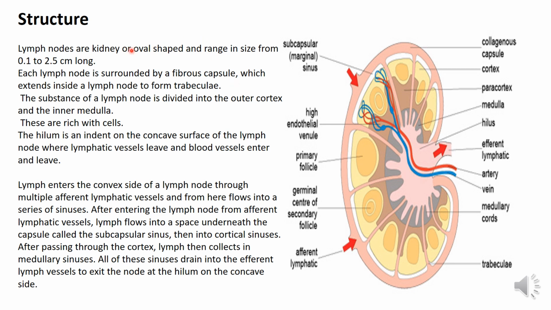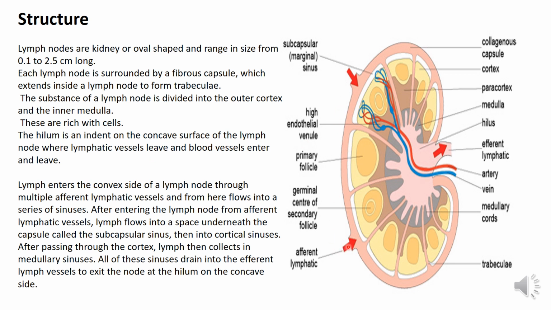The lymph node is kidney and oval shaped, size 0.1 centimeter to 2.5 centimeter. It has a fibrous capsule. The fibrous capsule extends into the lymph node as trabeculae. Then it has an outer cortex and an inner medulla. Then there is a concave surface called the hilum where lymphatic vessels leave and blood vessels enter and leave.